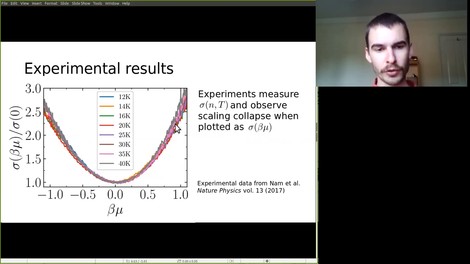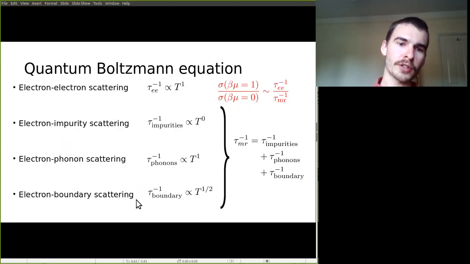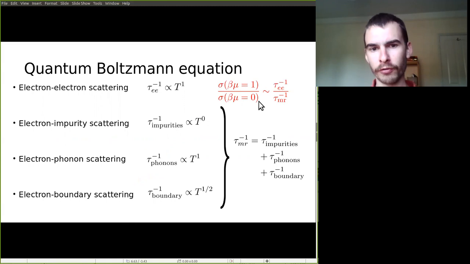The second thing I want you to notice is that you've got the scaling collapse. They've measured this for different temperatures, and all the curves for different temperatures collapse when plotted in terms of this dimensionless parameter. And this, in fact, tells us something about the momentum relaxing mechanism. So remember that the ratio of conductivity away from charge neutrality to conductivity at charge neutrality is essentially given by this ratio of scattering rates. And the fact that it doesn't depend on temperature tells us that this ratio of scattering rates cannot depend on temperature.